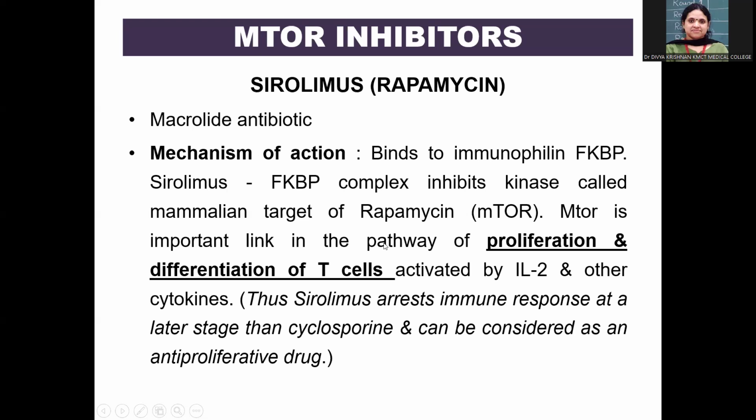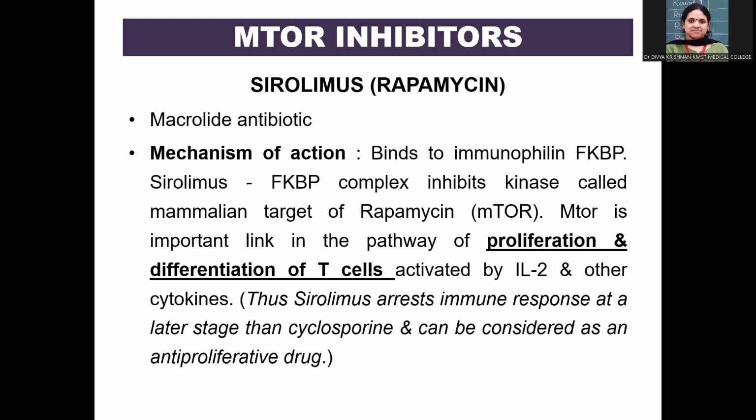Now, mTOR is a very important link in the pathway of proliferation and differentiation of T cells. You have to remember here that calcineurin was involved in the activation of T cells, whereas the mTOR pathway is mainly involved in the proliferation and differentiation of T cells. So when mTOR gets inhibited by the sirolimus-FKBP complex, the proliferation and differentiation of T cells doesn't happen.